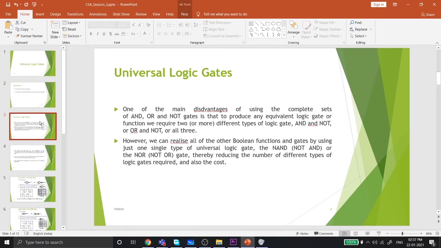So Universal Logic Gates, if you know about electronics, or I'll just tell you if you don't know, logic gates are made up of semiconductors. Semiconductor is a type of material, a category of elements that sort of conducts electricity.